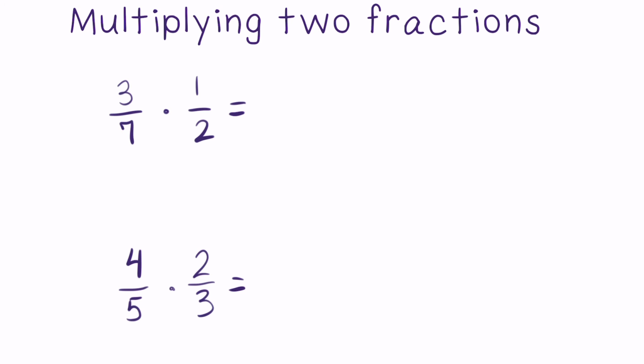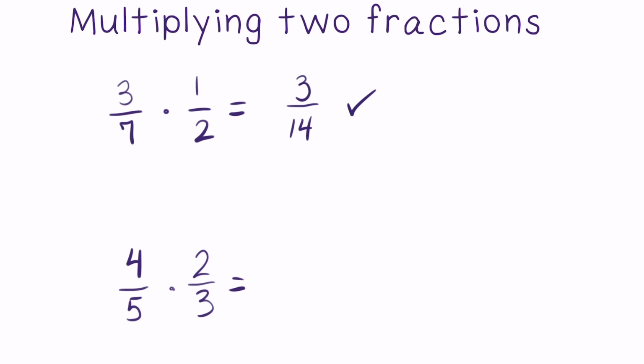This first problem is 3/7 times 1/2. To solve, we simply multiply the denominators. 7 times 2 equals 14. And multiply the numerators. 3 times 1 equals 3. So 3/7 times 1/2 equals 3/14.